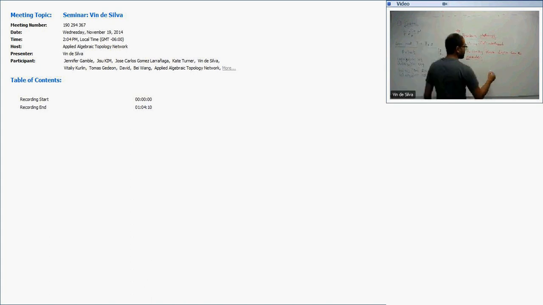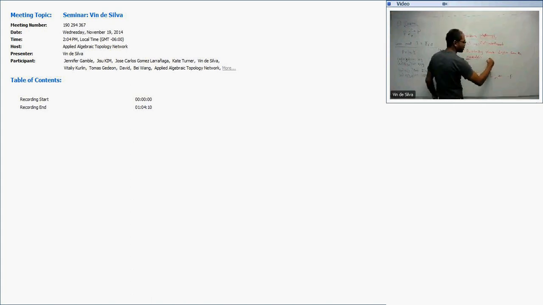So what's the functor diagram? I have my copy of P. I use it as the left term, shifted by gamma, and the right term, shifted by kappa.